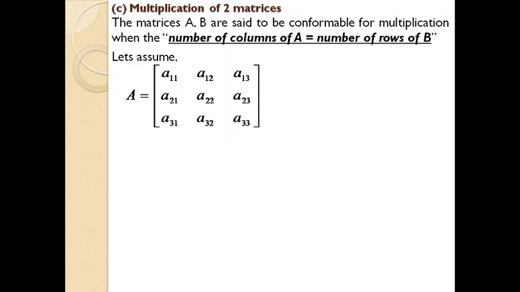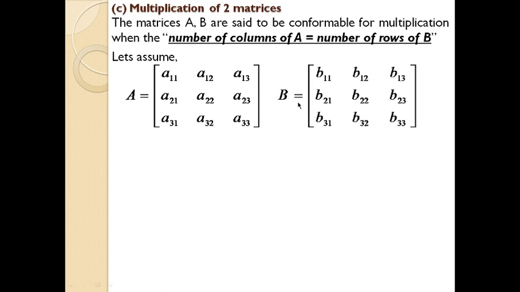Okay, let that be the first matrix and let this be the second matrix. The first matrix is A and the second matrix is B. For convenience, we are using variables. Both matrices are of order 3 into 3.